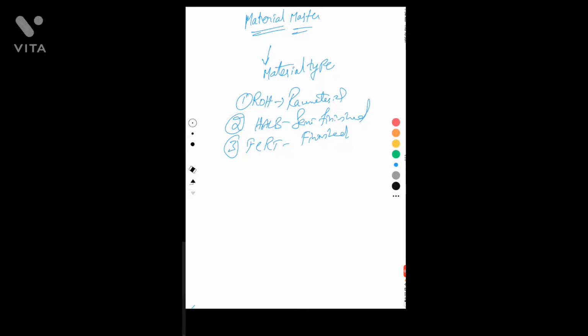When preparing the semi-finished goods, you use raw materials and packing materials as components. When creating the finished goods, you use the components, packing materials, and semi-finished goods also.